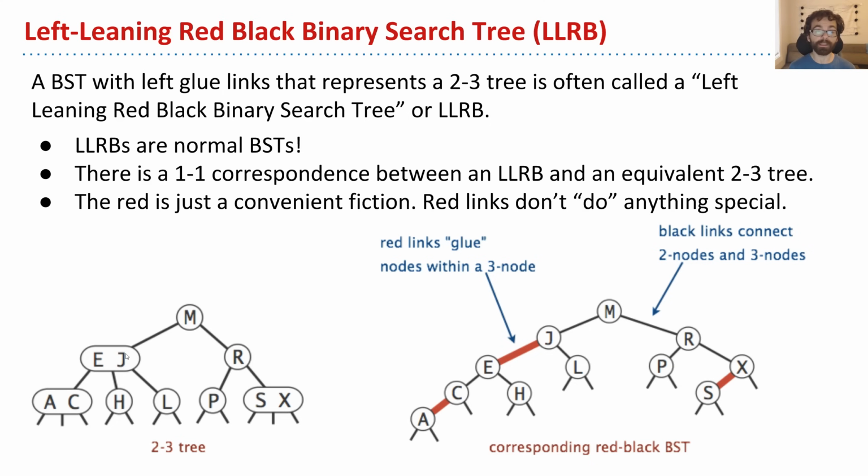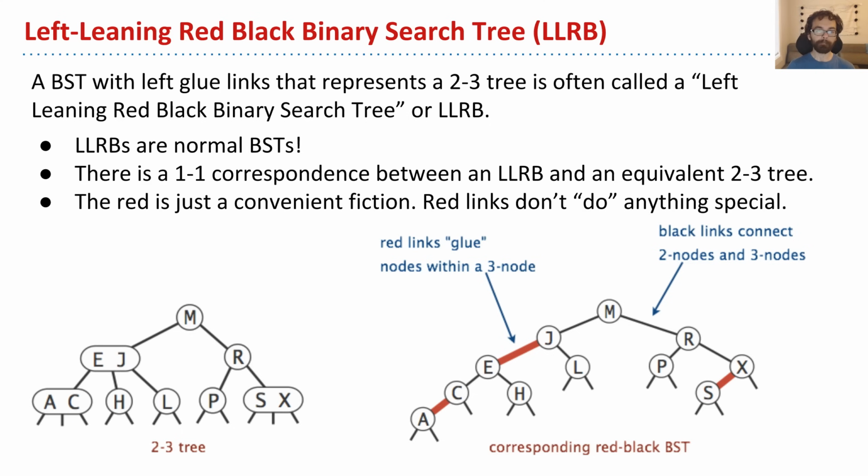Now, what's really important is that there is an exact 1-to-1 correspondence between a left-leaning red-black tree and its equivalent 2-3 tree. So there is, for this 2-3 tree shown, exactly one LLRB, and for any LLRB, there's exactly one 2-3 tree. So there's a 1-to-1 mapping, also known as a bijection, between these two different representations of the same idea.